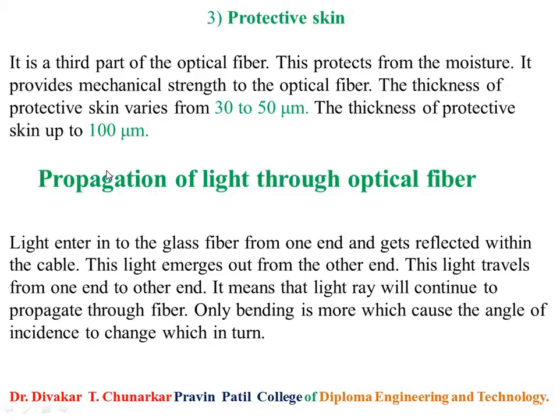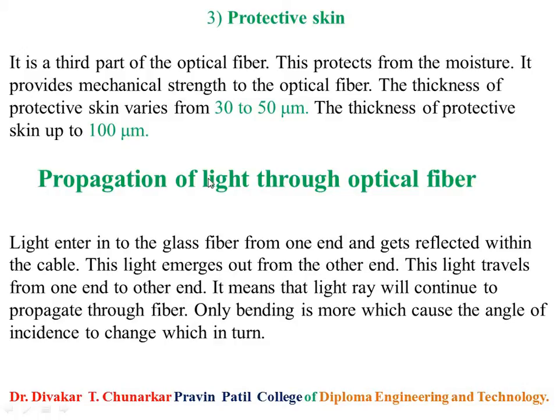The condition of total internal reflection or propagation of light through the optical fiber: here mu1 is greater than mu2, so the first refractive index is greater than the second refractive index. And theta greater than theta c.